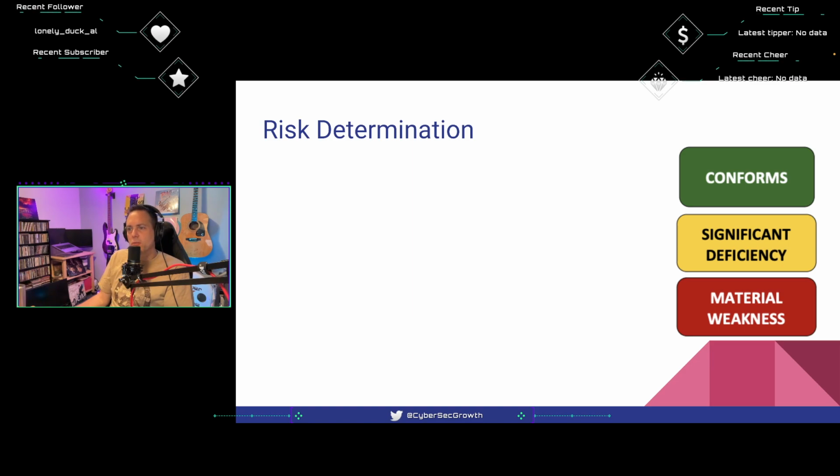The ROC determination of material weakness is a negative outcome due to the deficiencies being material to the cybersecurity and privacy program. So, material weakness indicates an organization is unable to demonstrate conformity with its selected cybersecurity and privacy practices due to deficiencies that make it probable that reasonable expected threats will not be prevented or detected in a timely manner.